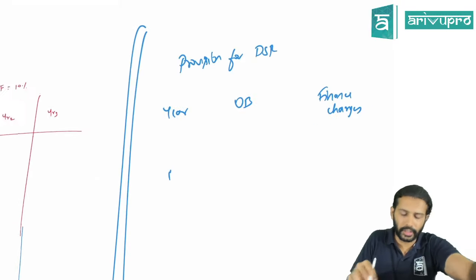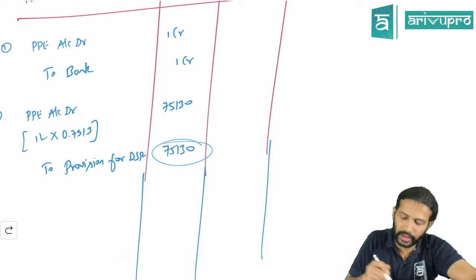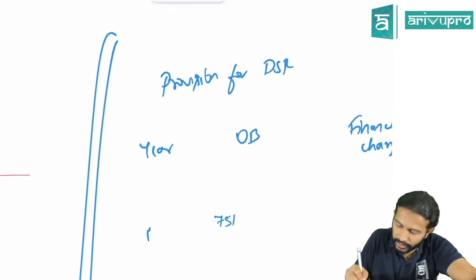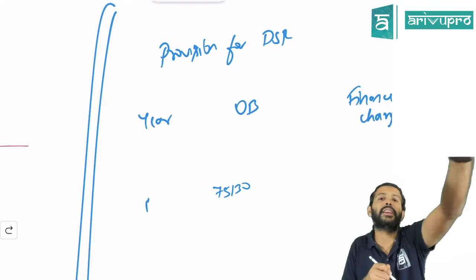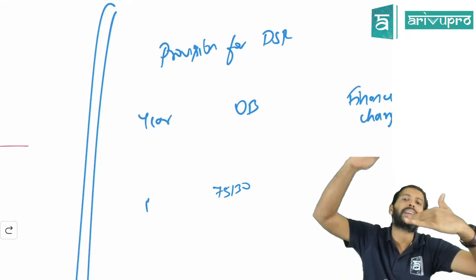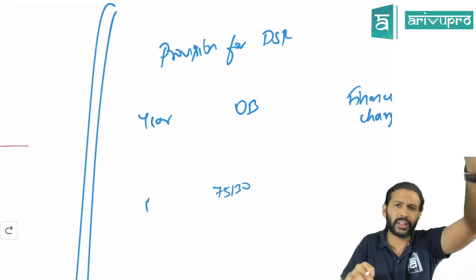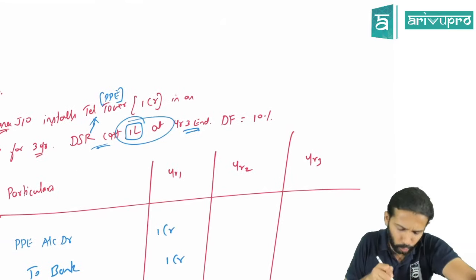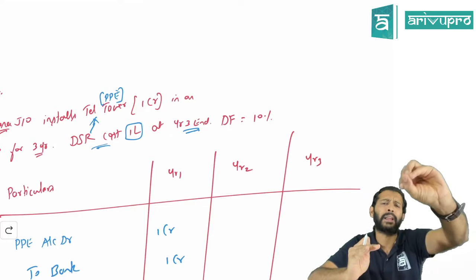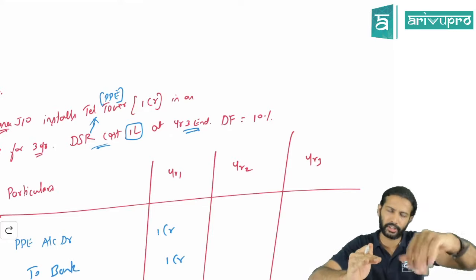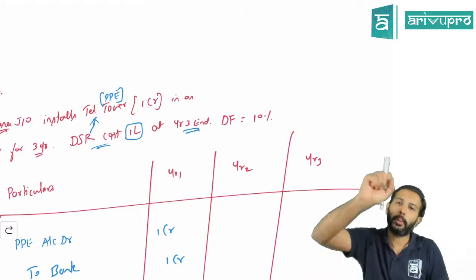At the beginning of the year, provision had a balance of 75,130, as this is the beginning of year 1. As and when the year passes, you'll have to slowly increase the provision, and from 75,130 it has to become 1 lakh rupees. The difference between that 1 lakh and 75,130 is nothing but time value of money interest or finance charges, which will be transferred to profit and loss account.